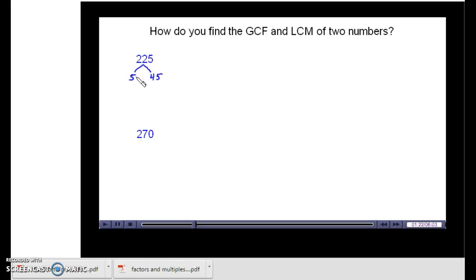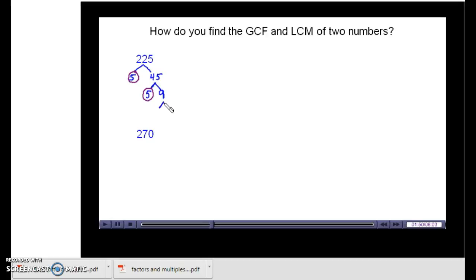Now the number 5 is prime, so that part of the factor tree is finished. The number 45 is not prime. It has more factors, so we can continue to break down this number. And I know that 5 times 9 will give me a product of 45. We know that 5 is a prime number, but 9 has more factors.